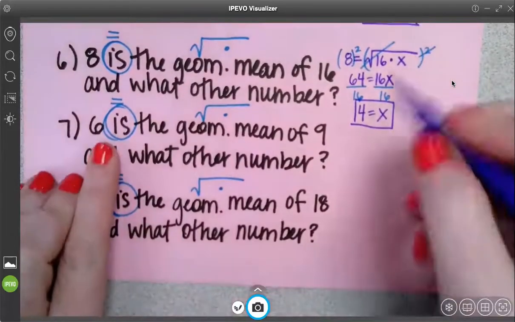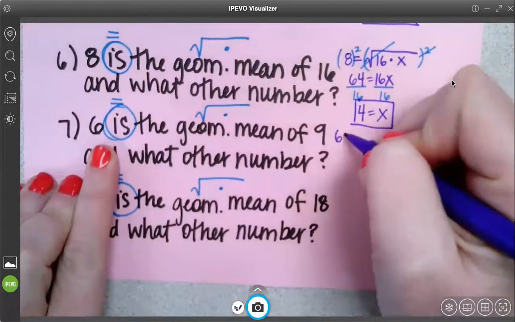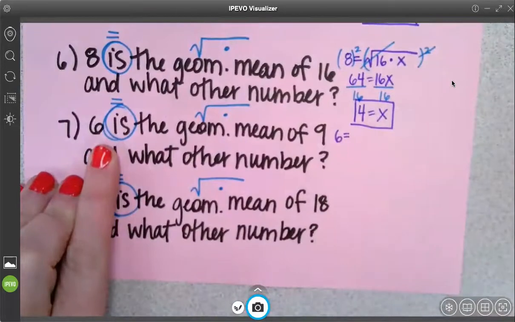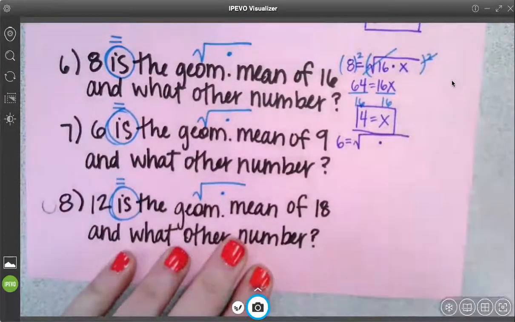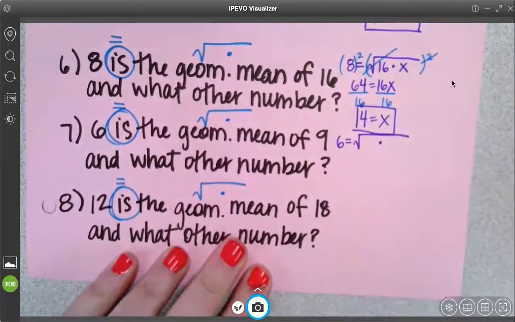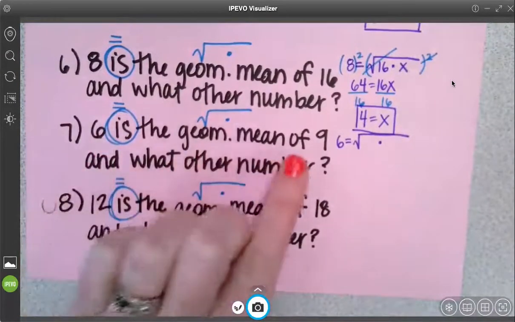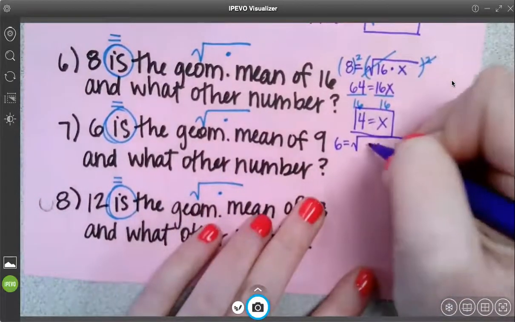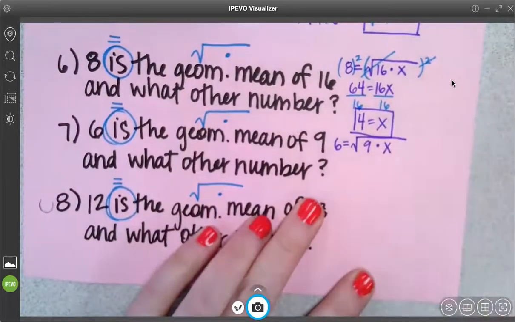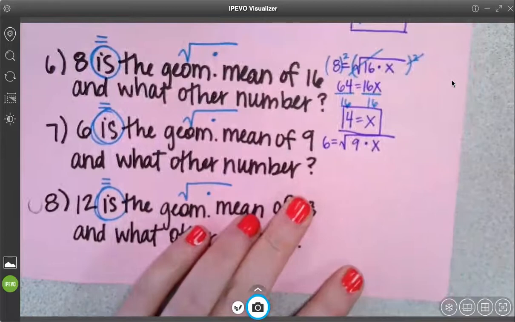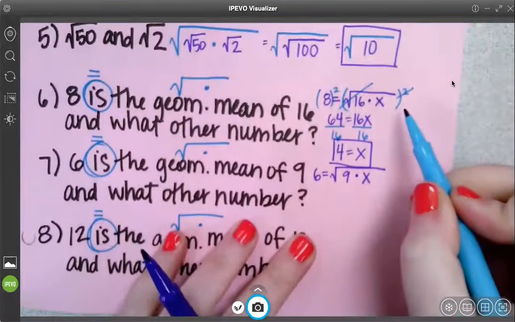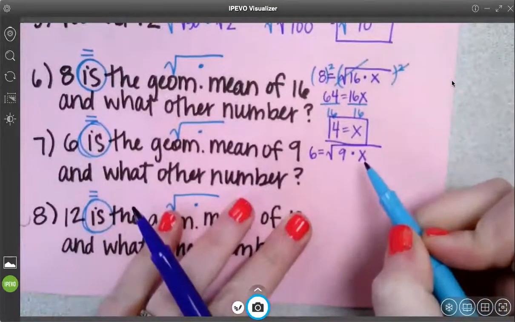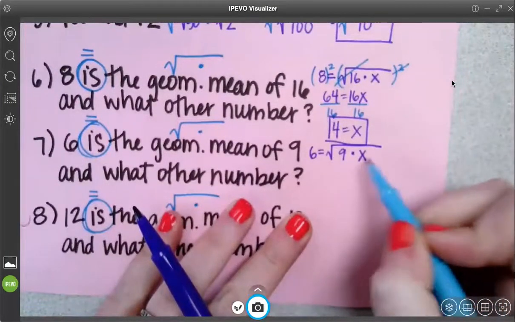Okay, so 6 equals, because is means equals in math, the geometric mean, that's a radical with a multiplier underneath there. 6 is the geometric mean of 9 and some unknown number. So 9 and x. Once again, to solve, let's look back up at our previous example. We're trying to get x all by itself, right?